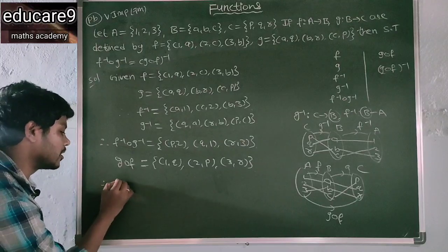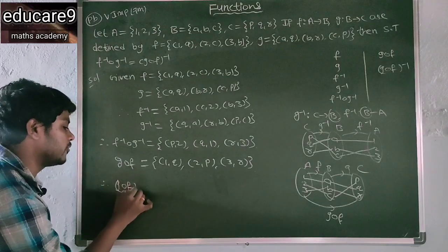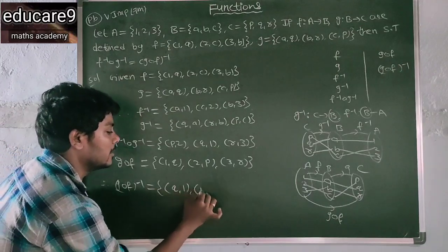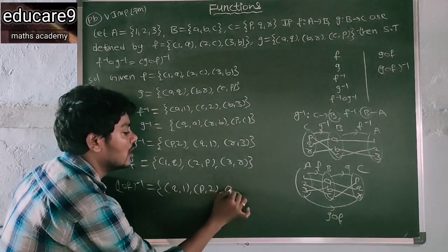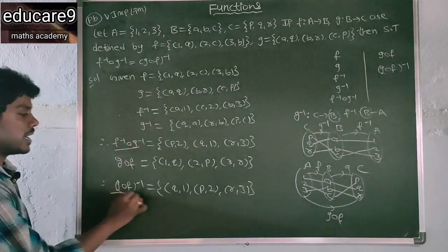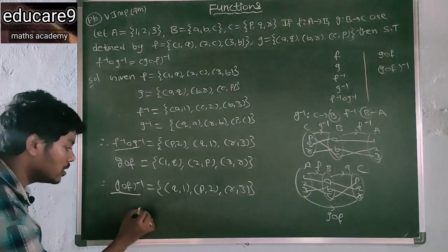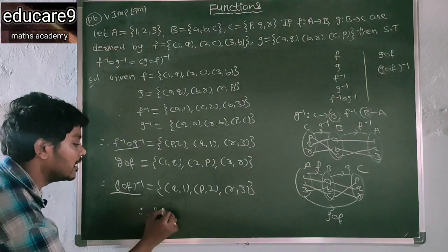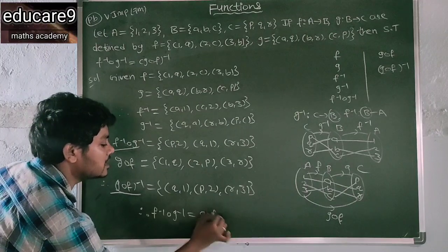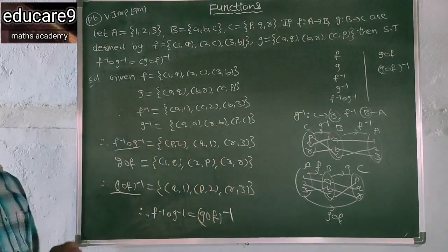So therefore the (G circle F) whole inverse mapping is what? Q comma 1, P comma 2, R comma 3. So clearly these two are equal. So therefore F inverse circle G inverse is equal to (G circle F) whole inverse.